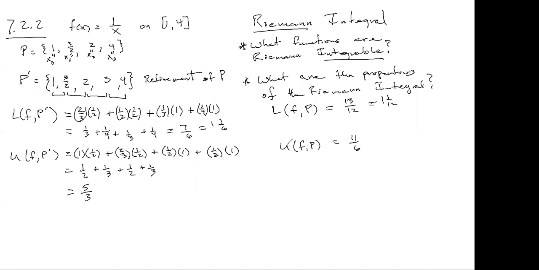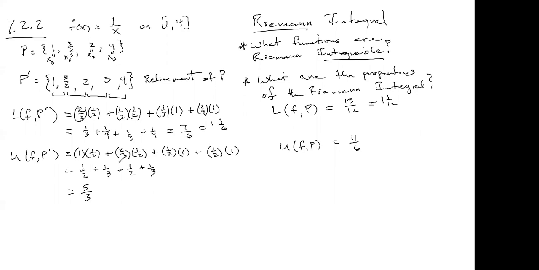The upper sum is getting smaller. It went from 11/6, which is 1 5/6, to 1 2/3. And what we're interested in is, as I keep refining this, what number do these get closer and closer to? And that's going to be my integral.